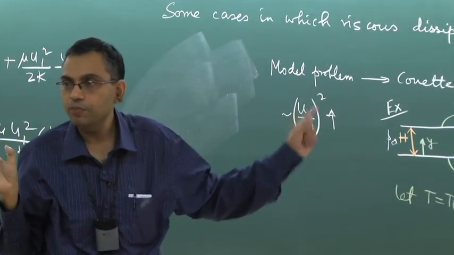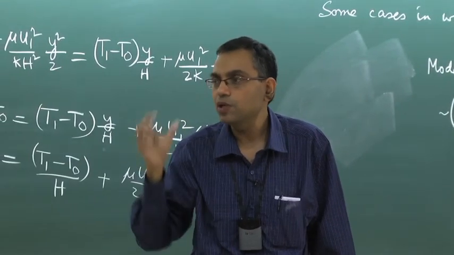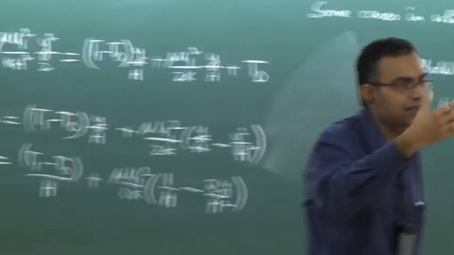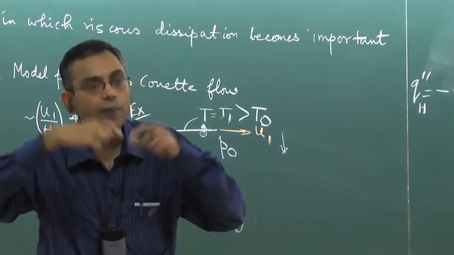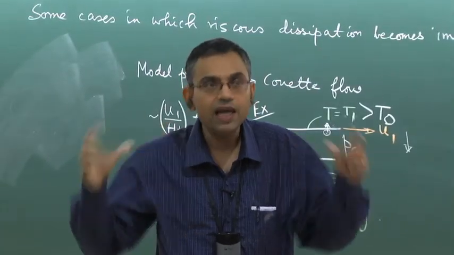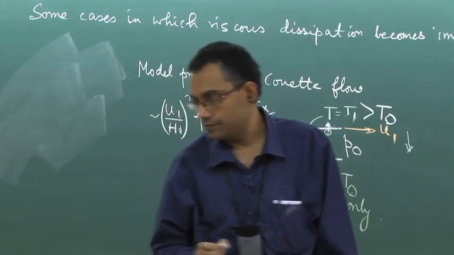So here for simplicity we have assumed that mu is a constant, but in practice mu is not a constant, and if you vary the temperature of the oil, the viscosity can vary dramatically, and that may dramatically alter the performance of the bearing. So in the practical engineering scenario also, this appears to be very important.